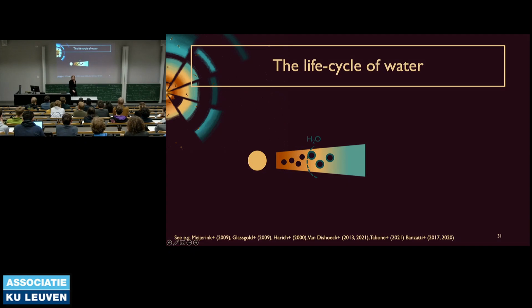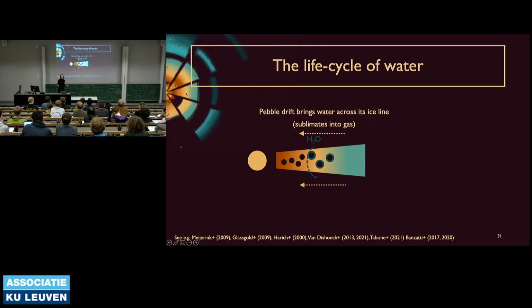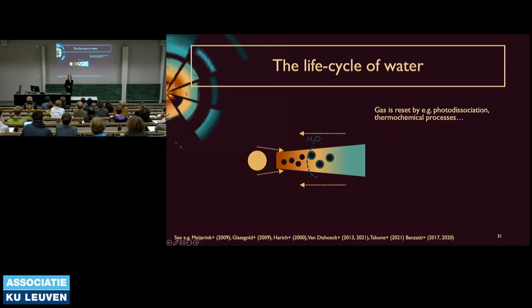So let's talk about the life cycle of water. There's a couple of things here. First of all, I talked about pebble drift. So you have these icy water pebbles. They're moving inwards, and they cross their respective ice line, and the ice is released in the form of gas into the disk. After this, the gas is reset by, for example, photodissociation or thermodynamical processes. If it's destroyed by photodissociation, you have your water here.